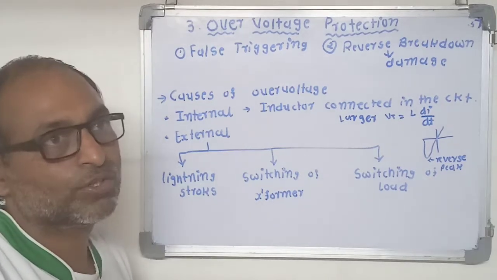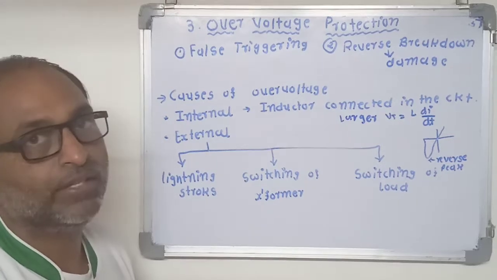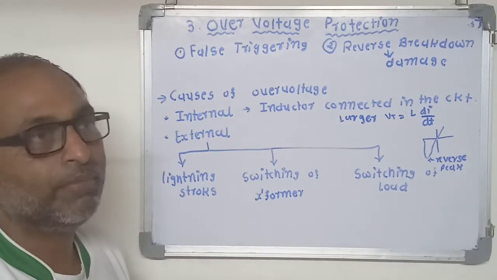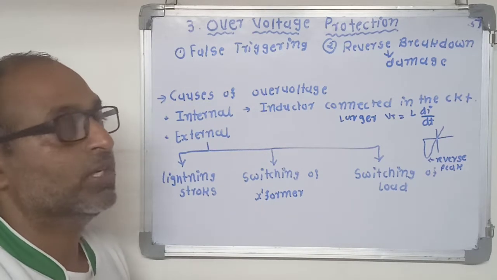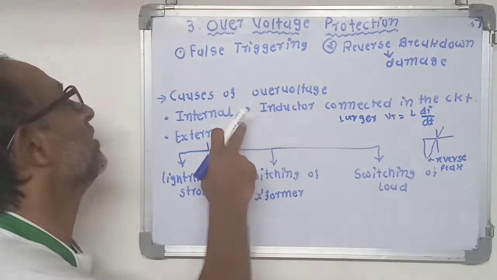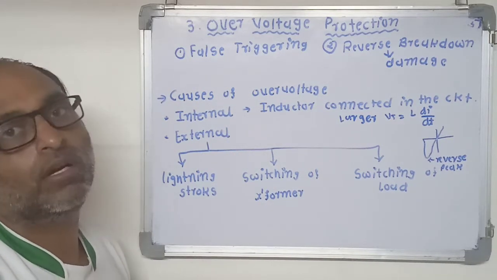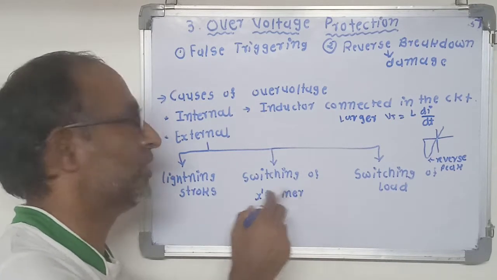These lightning strokes are attenuated by the lightning arrestor and transformer in the circuit, but the value of external voltage may be greater than the safe value. The magnitude of this external over voltage decreases with increase in transient time. Second, switching of transformer.